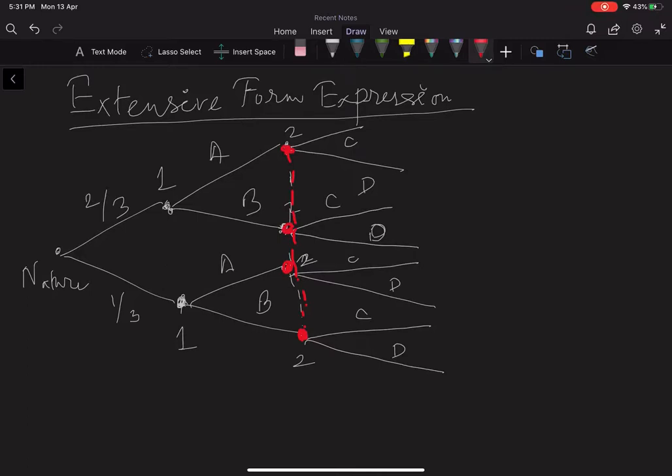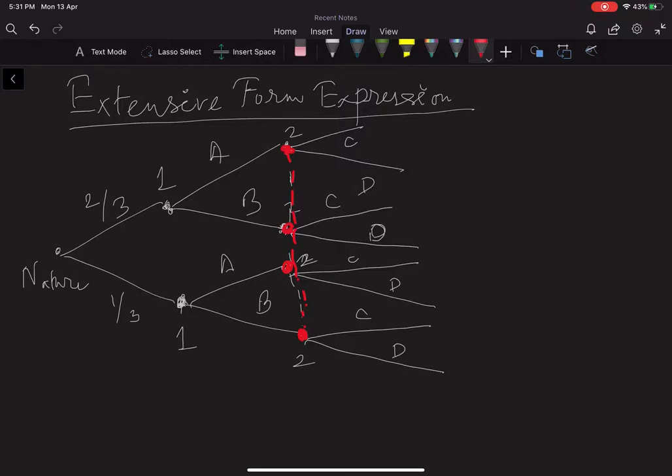So this game doesn't have any proper subgame. The entire game is a subgame. Okay, so the game is not a sequential move game. The game is simultaneous move, right? Player 1 and 2 are moving simultaneously.